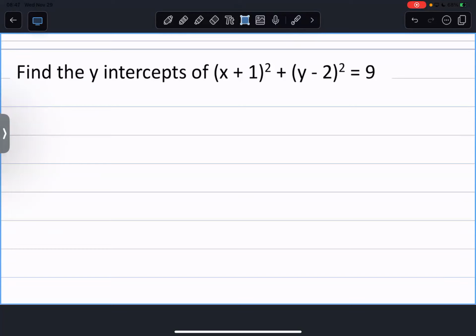We can pull some key information here, right? Where's the center? 1, minus 2. Nice.